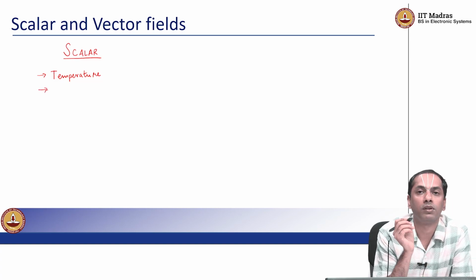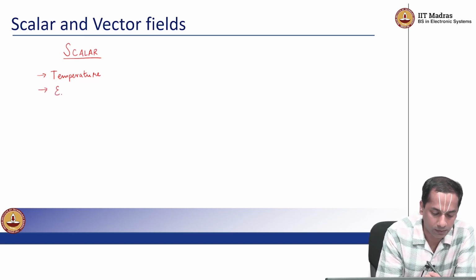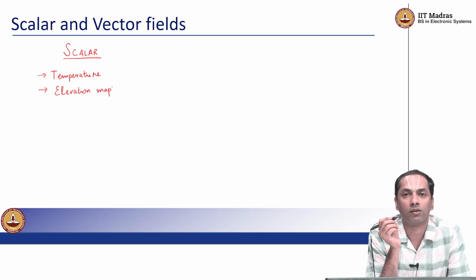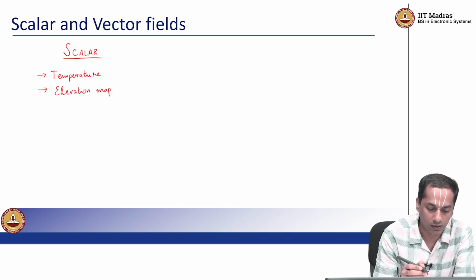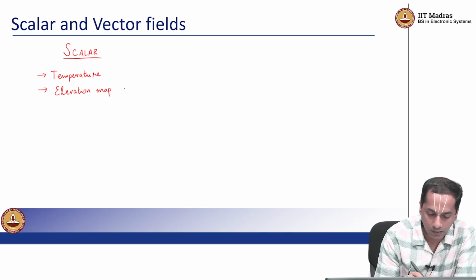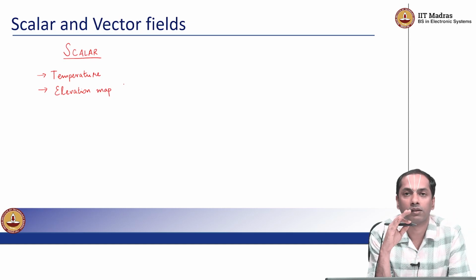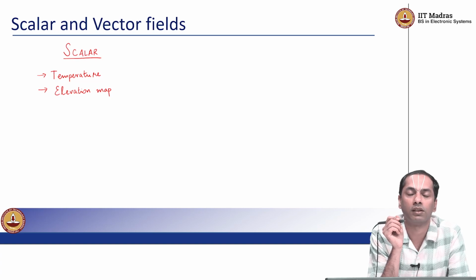A second example is the elevation map. Right, so we are associating the height or altitude of different points in some geographic location. These two are examples of scalar fields.